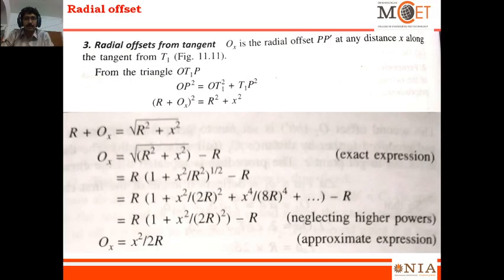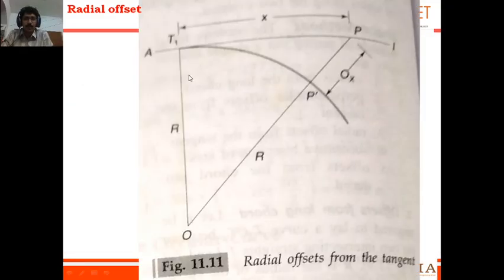We have shown in the figure, from the triangle OT1P, this is 90 degrees, since it is a tangent point, so in a right angle triangle we need to determine the x, right? So what is the angle here, right?